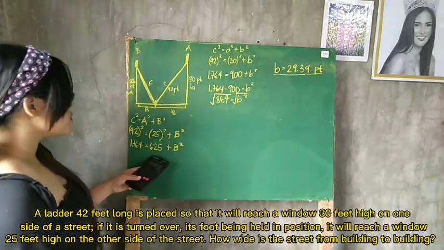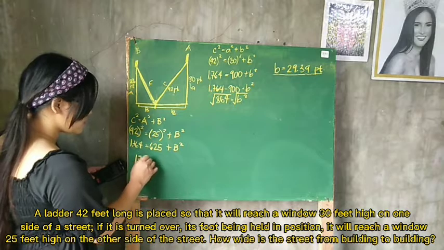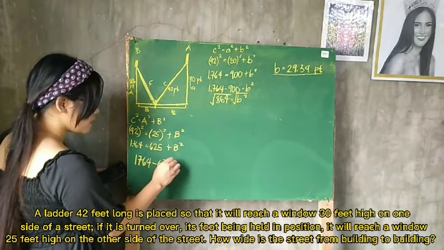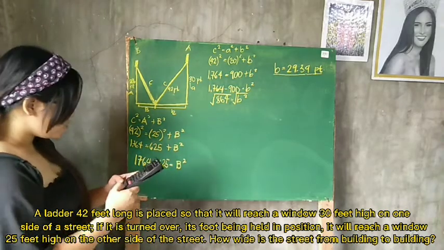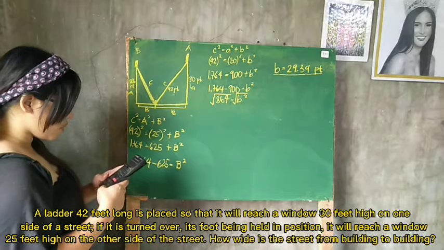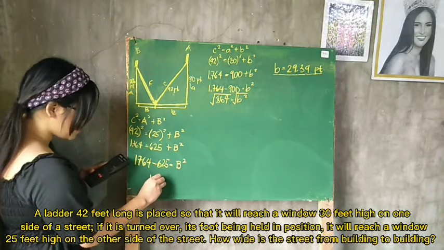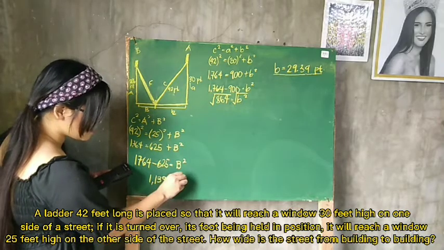Then let's transpose the 625 to the left side. We have 1,764 minus 625 is equal to b squared. So subtracting, we have 1,139 is equal to b squared.